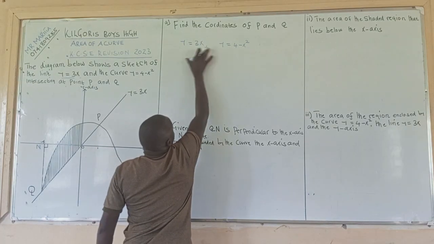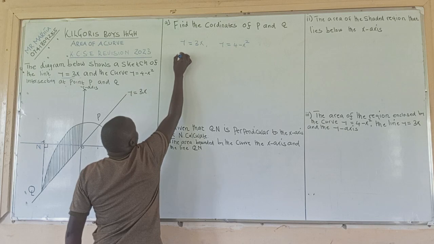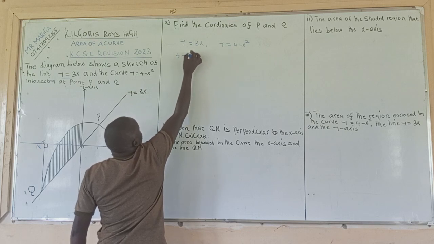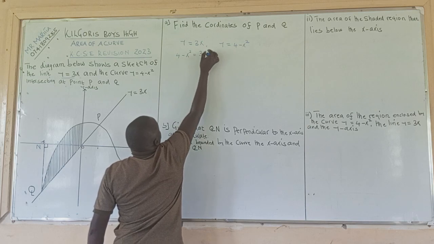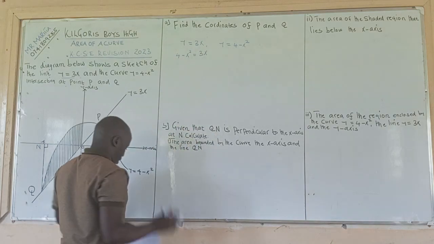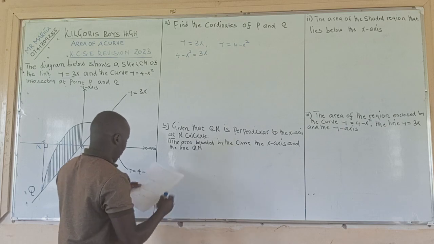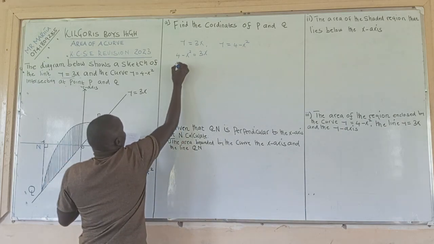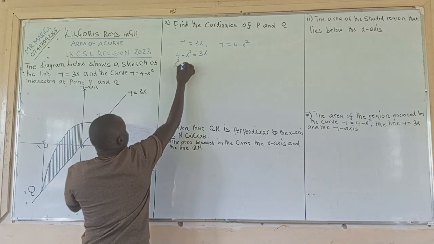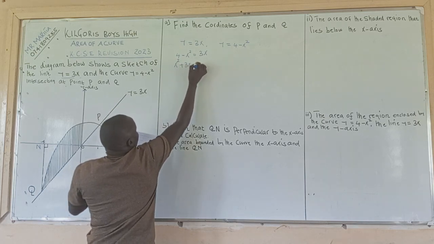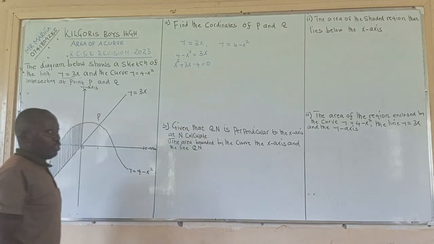We can equate the two equations by saying that 4 minus x squared is equivalent to 3x. Collecting the like terms together, we have x squared plus 3x minus 4 equals 0.